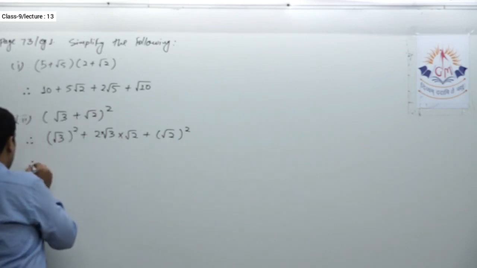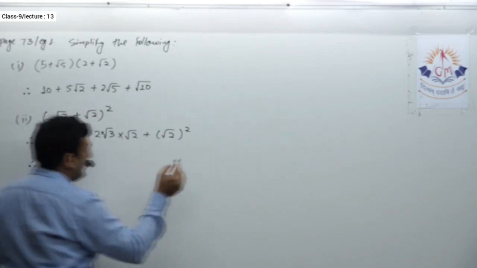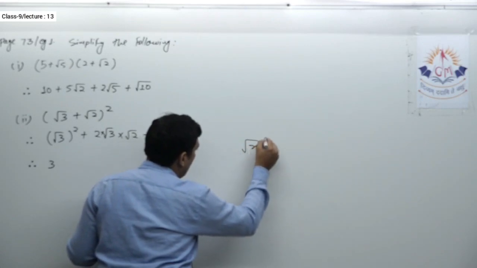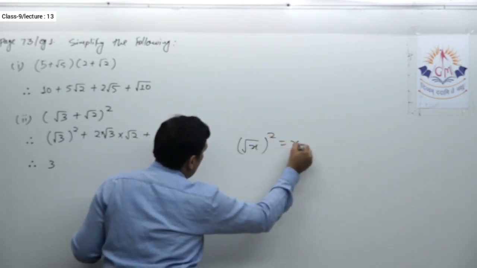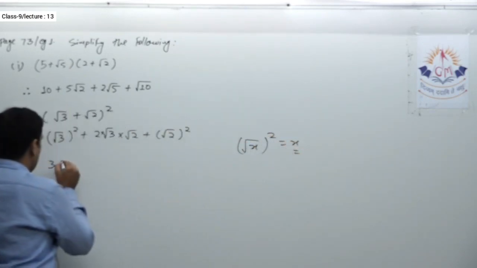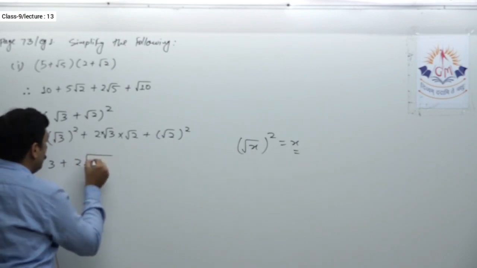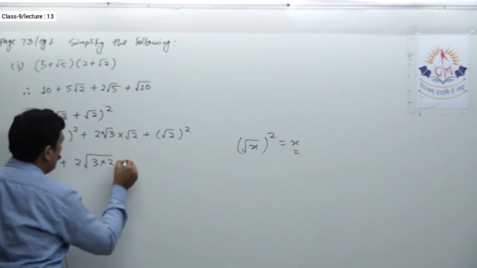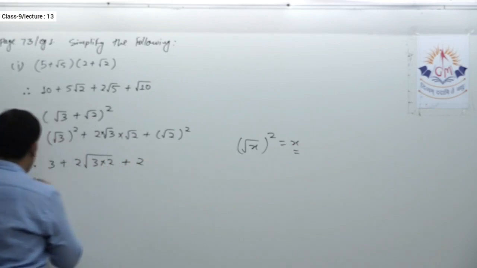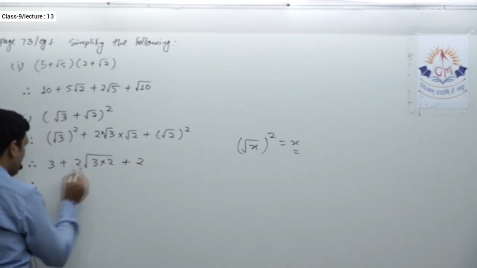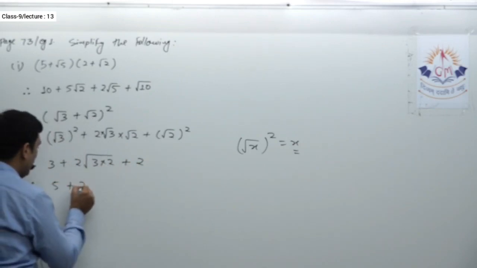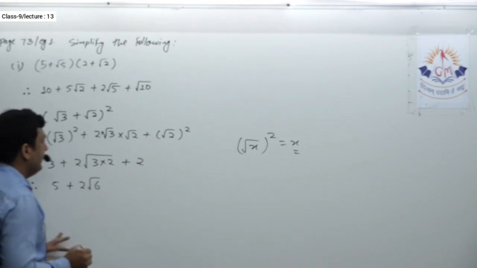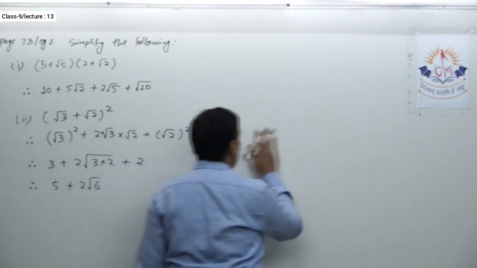Now root 3 square is 3. I told you again and again, root x whole square is equal to x. So 3. Now over here I can write this within a single term, 2 root 6, plus 2. So ultimately my answer is 3 plus 2, this is 5 plus 2 root 6. This is my final answer.